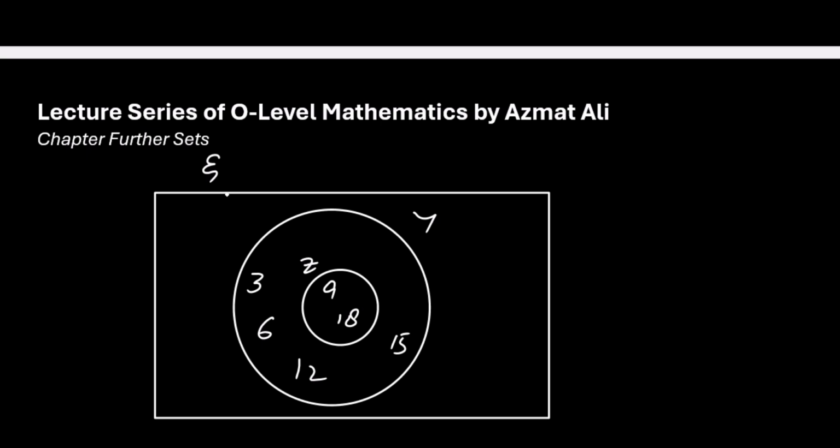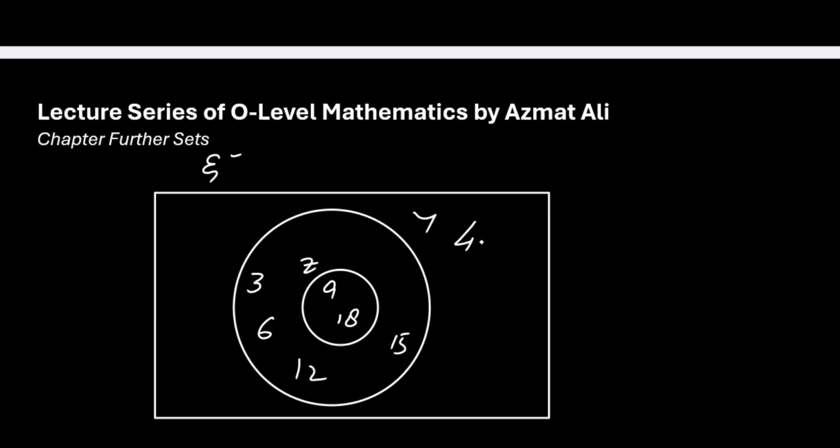remaining elements, which are the elements of the universal set, we will write all of these elements here in the rectangle. So these elements are greater than 3 and less than or equal to 18 other than these.